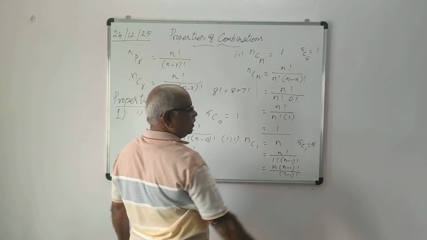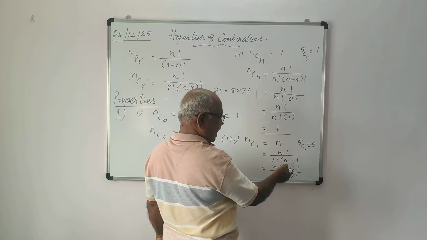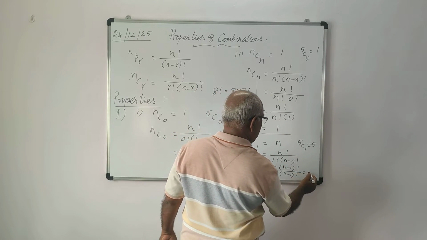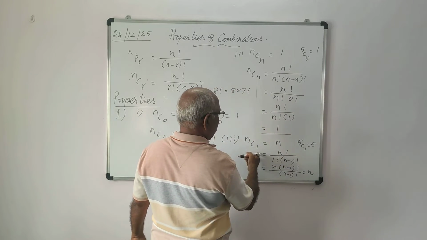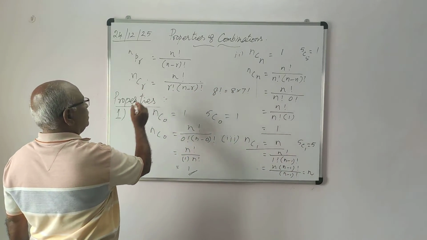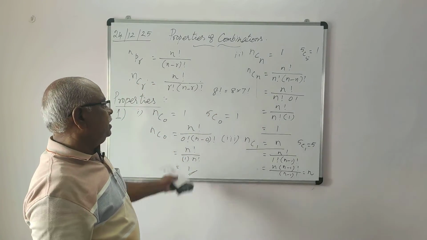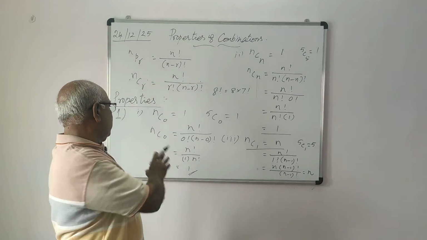So n minus 1 factorial in the numerator and denominator cancel. You will get only n. nC1 is n. So these are the 1, 2, 3 properties within property 1. All these 3 properties are considered as a single property.